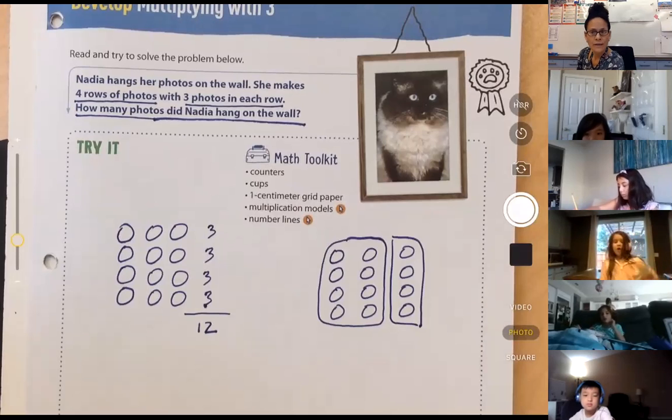And after I do that, I end up with an array of 4 groups of 2 and 4 groups of 1. At this point, I can write corresponding multiplication sentences to solve this problem.